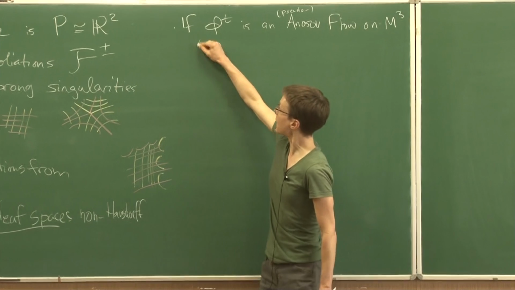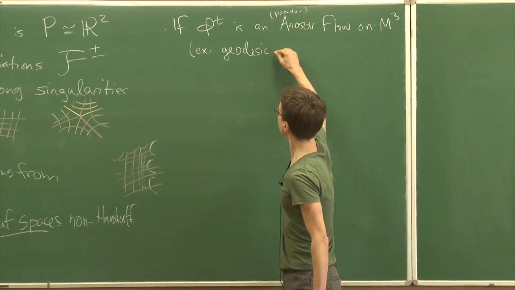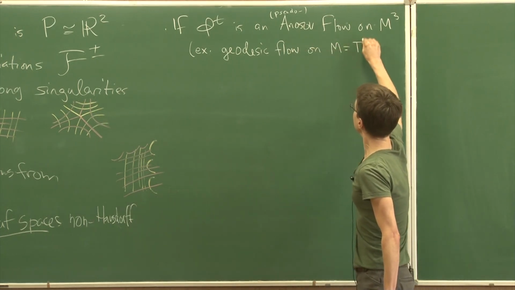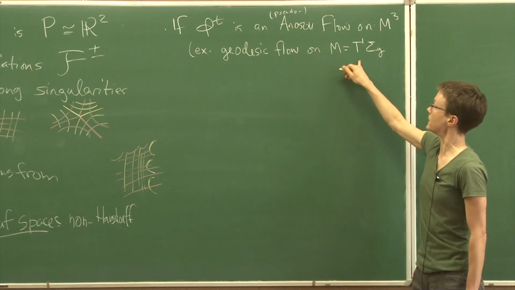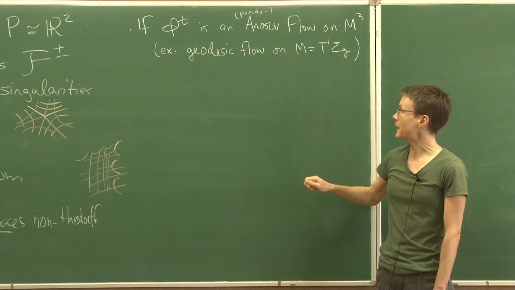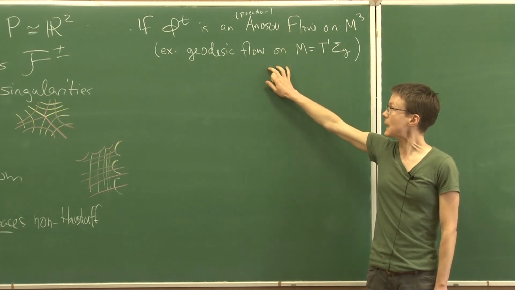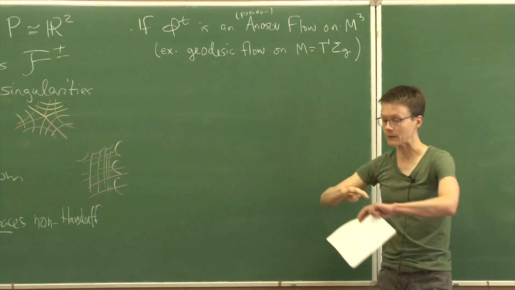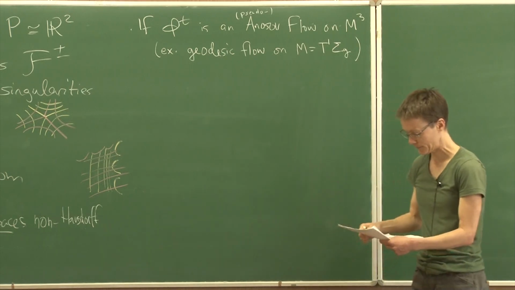You can think as a concrete example, you take just geodesic flow on the unit tangent bundle of, say, a hyperbolic surface or a surface of negative curvature. Okay. And Anosov flows, if you haven't seen them before, are a family of dynamical systems that exhibits the same kind of qualitative behavior that you see for geodesic flow in negative curvature. There's directions of uniform expansion and contraction at every point. Okay.